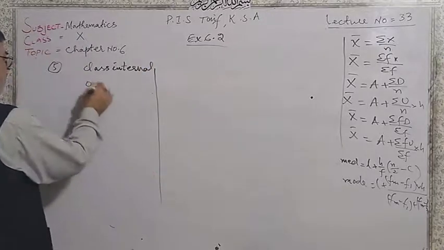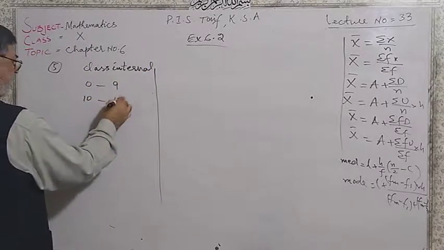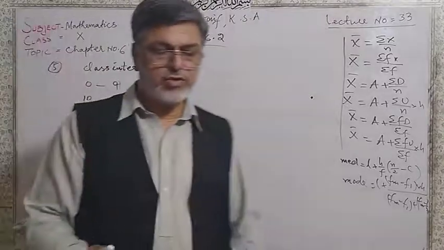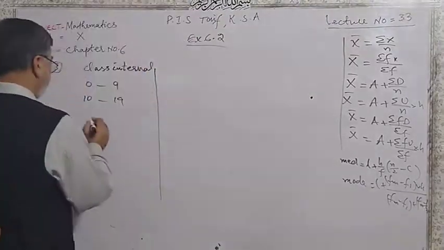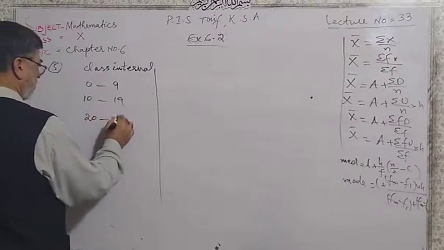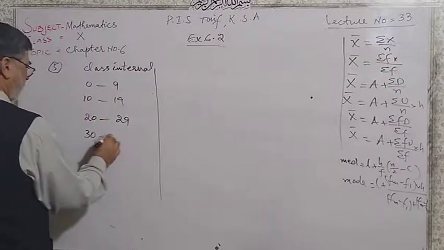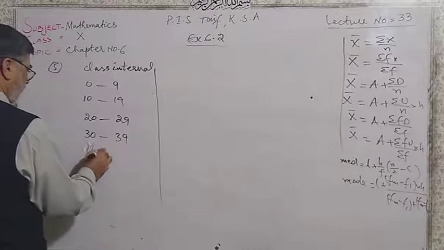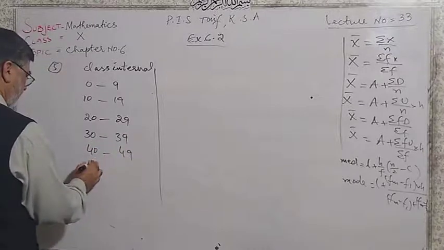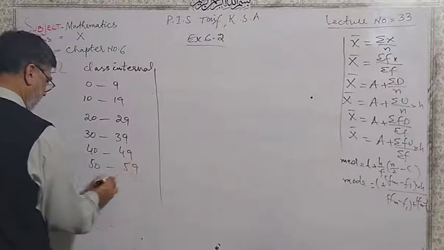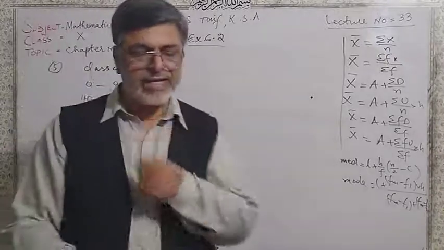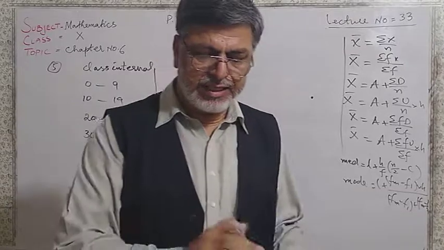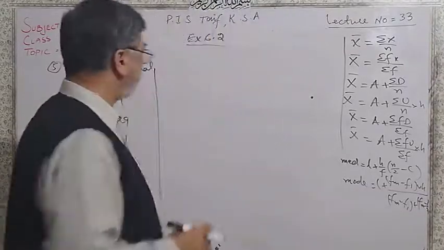That is 0 to 9, 10 to 19, 20 to 29, 30 to 39, 40 to 49, 50 to 59, 60 to 69. Dear students, we have these values, and after that we have the frequency.